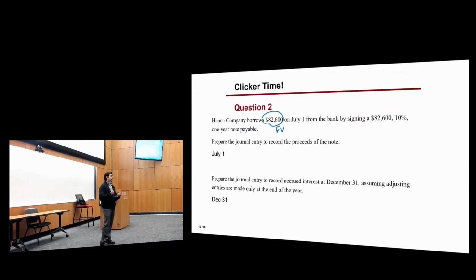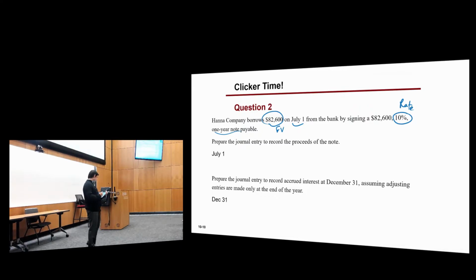The borrowed amount is the face value. That's the date it was signed. $82,600, 10%, that's the annual rate. 1 year note payable. So we have 12 months.